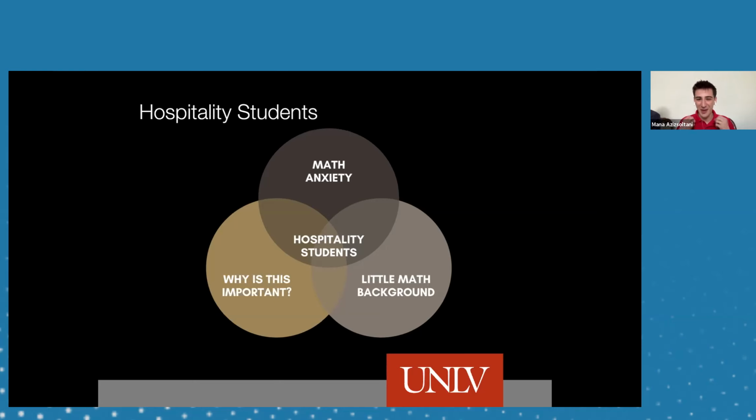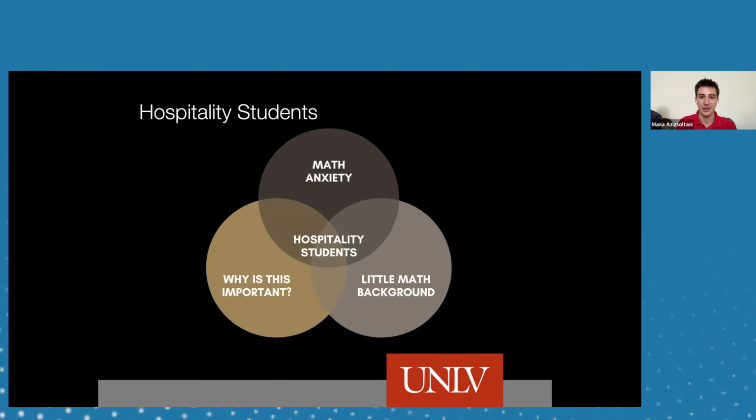But when it comes to math and statistics and numbers, they actually have a lot of issues. They're the typical student that says, at UNLV, we have a math requirement that is actually college algebra. So even at the level of college algebra, they say, why is all this important? I'm in hospitality, I don't need this. I don't need to know this. And more on that later. They also have high levels of math anxiety.